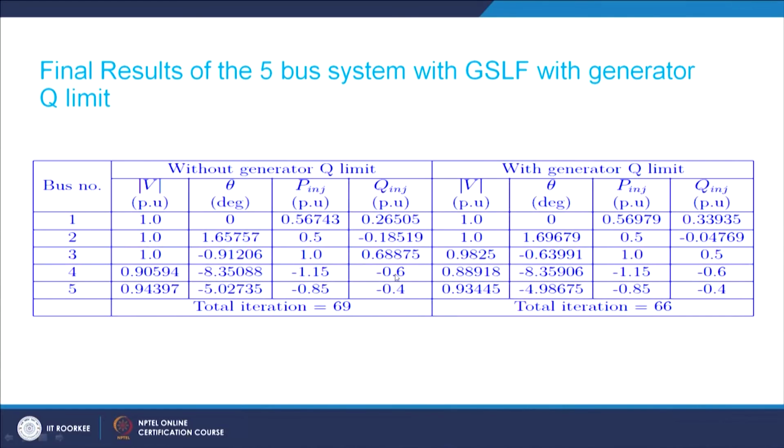The answer is that each of these lines has got shunt charging susceptance, because we have taken B by 2. Because of the availability of this shunt charging susceptance, which is nothing but capacitors, they also generate a substantial amount of reactive power. So, this shortfall, that is 118 minus 95, so roughly 23-24 MVAr of reactive power is actually being generated by the shunt charging susceptances of the lines.